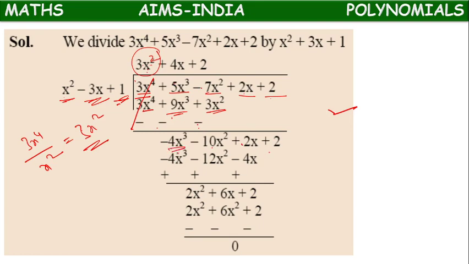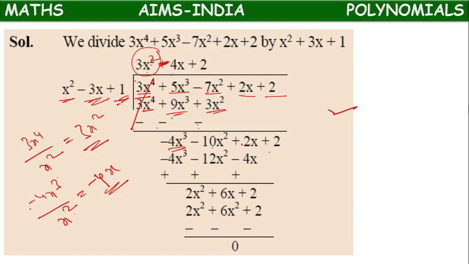Next, minus 4x cube. Minus 4x cube by x square. Minus 4 will be like that only. From x cube, x square cancel, x will remain. Here actually minus should be there, children.